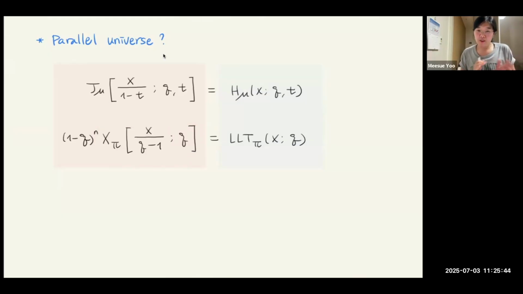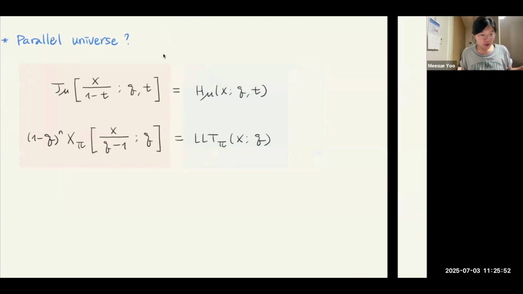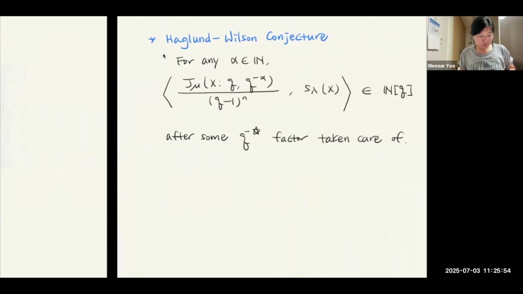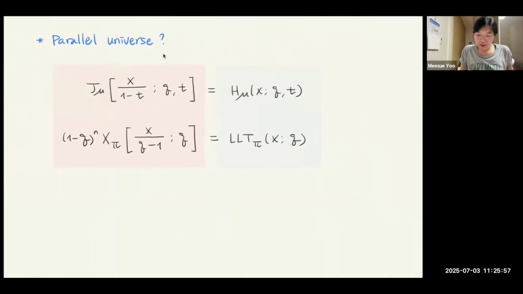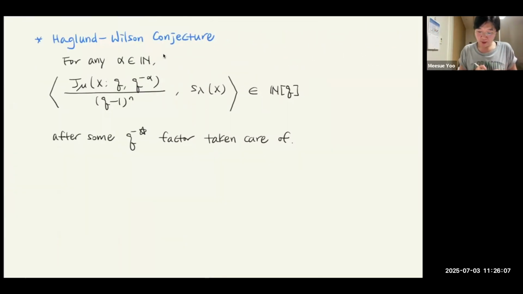When q equals 1, it was proved recently, but when q is arbitrary, it's still a conjecture. And what Jason conjectured is that the integral form also has a certain kind of e-positivity in that sense. So let me explain that a little bit more.